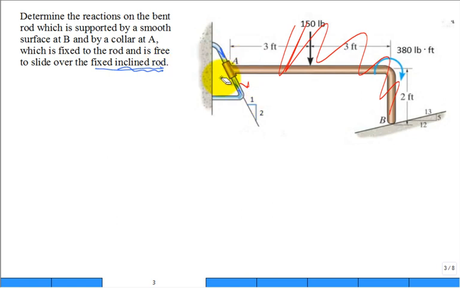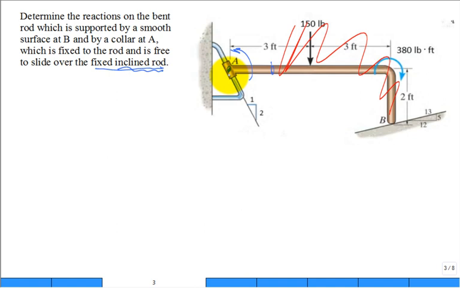Now the other thing is with this collar, if I grab this end and try to twist it, not pull it out or slide it down the rod, but just pivot around point A, which is right in the middle, would that be freely, easily done? No. That collar would say, sorry, I'm going to support it to stay in the rigid position that it is in.